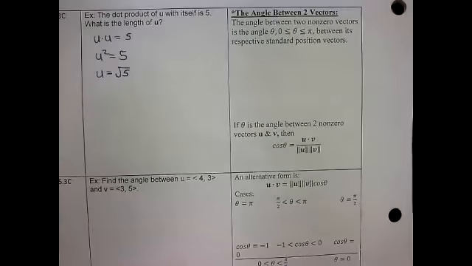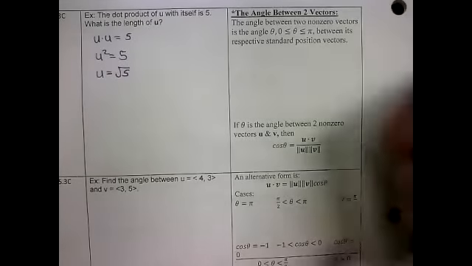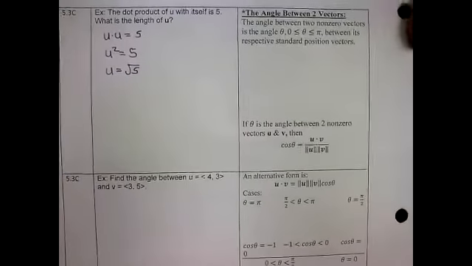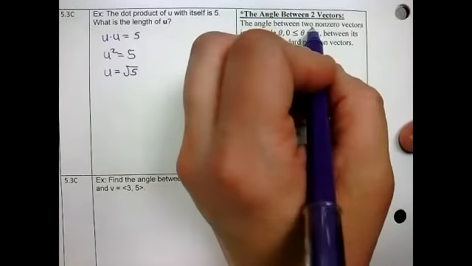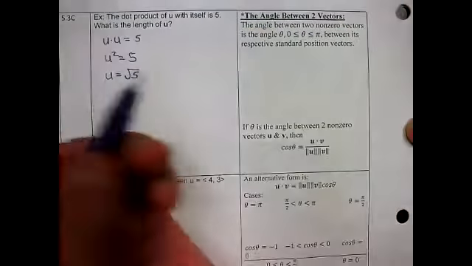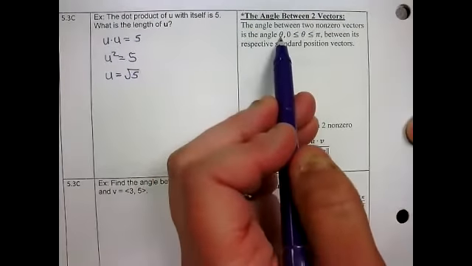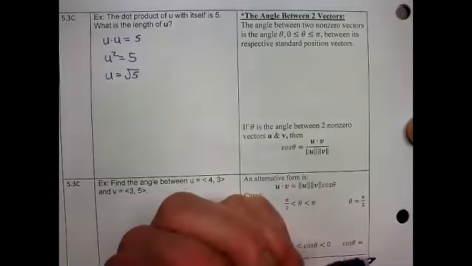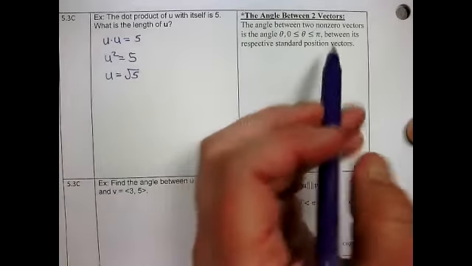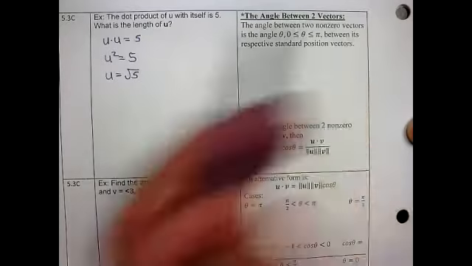The last thing that we need to look at is the angle between two vectors. The angle between two non-zero vectors, in other words, vectors that are not points, is the angle theta. Theta has to be between 0 and pi, so between 0 and 180 degrees, and between its respective standard position vectors.